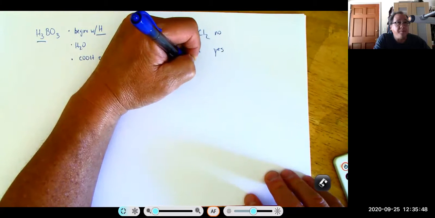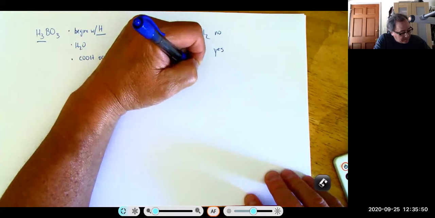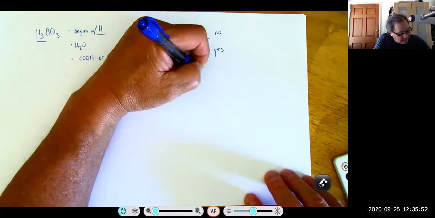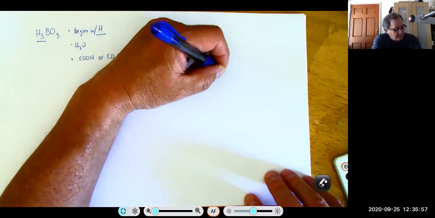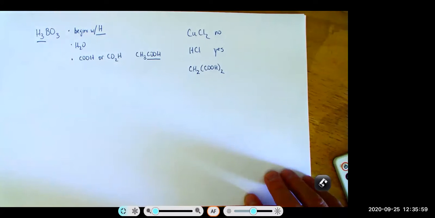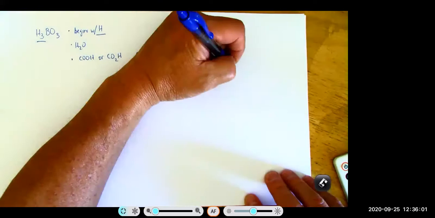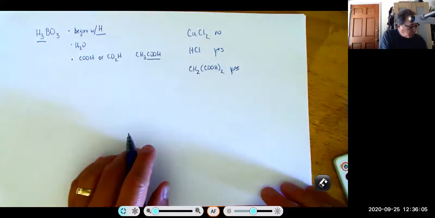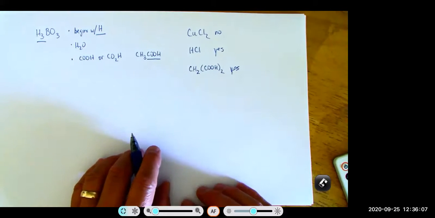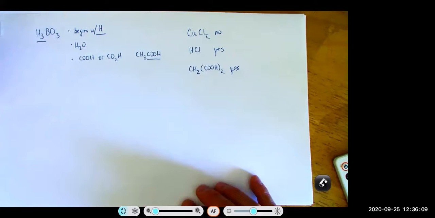Let's see. Yeah, that's an acid. Definitely, because it's got the Cu in there. In fact, it's got two of them, right? All right. So those are acids.